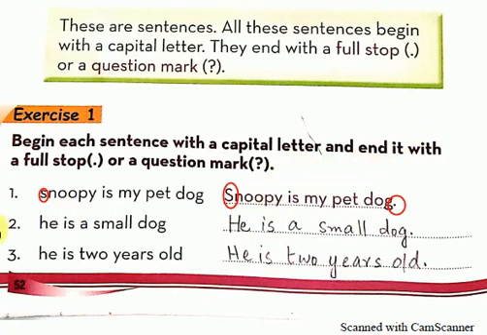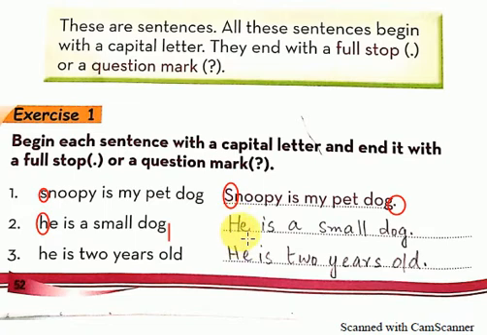Okay students, let's see option number 2. He is a small dog. Same error in this sentence: H is small and there is no full stop here. When you write the sentence in your grammar book, you have to write H capital, because it's the first word of the sentence.